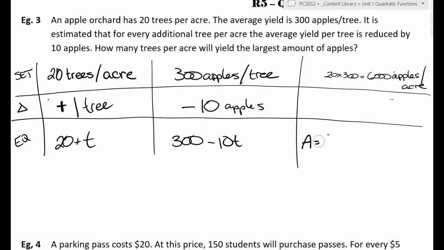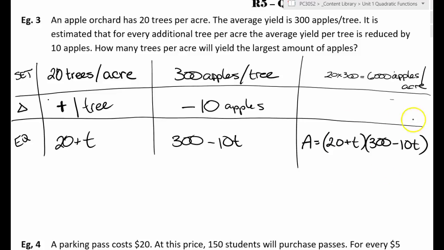So apples equals 20 plus t multiplied by 300 minus 10t. Okay, so I just used t for trees. That's why I chose that variable. And a is going to be my number of apples per acre. So you can choose variables accordingly. You don't always have to use x and y like we did in the previous example.